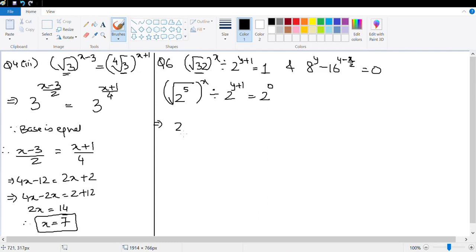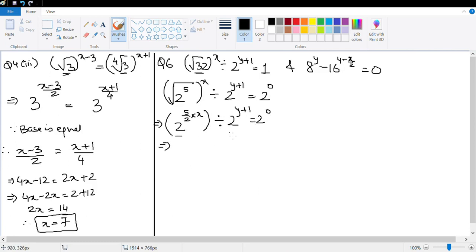So this is 2 to the power 5 upon 2 multiplied with x, because I have taken the second root as the power in the denominator, and this is being divided by 2 to the power y plus 1, which is equal to 2 to the power 0.